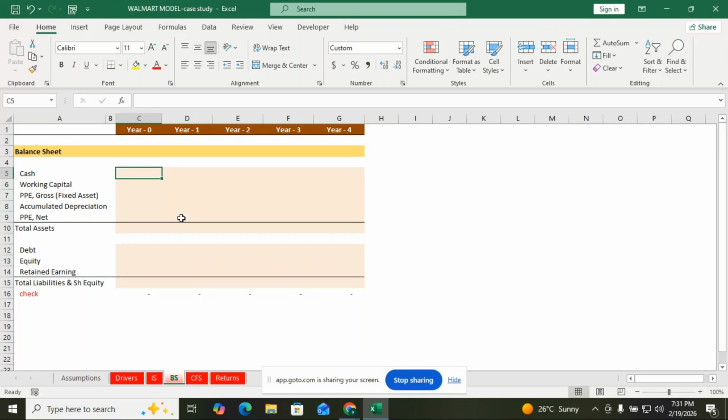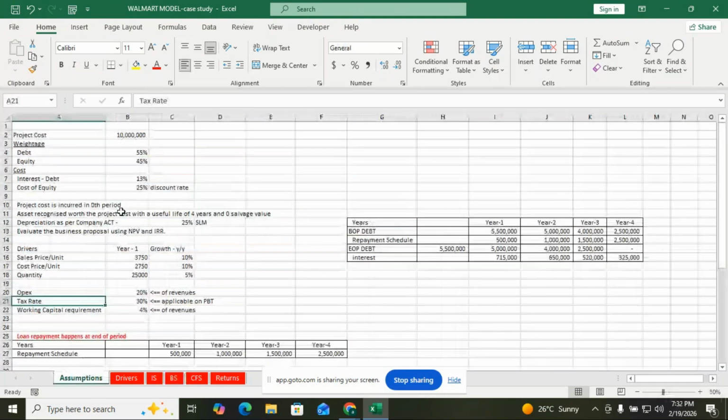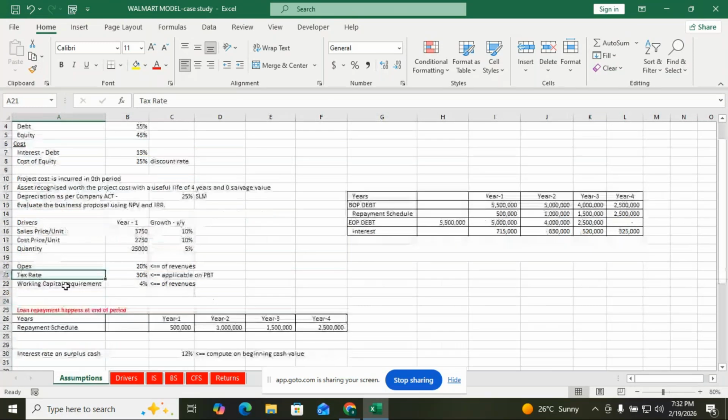Now, I'm starting off with the balance sheet. And here we start with the working capital computation in the balance sheet, and then we'll discuss the rest. Now, coming to the working capital, it says that the working capital requirement for every year is 4% of the revenue generated by the company for each year.